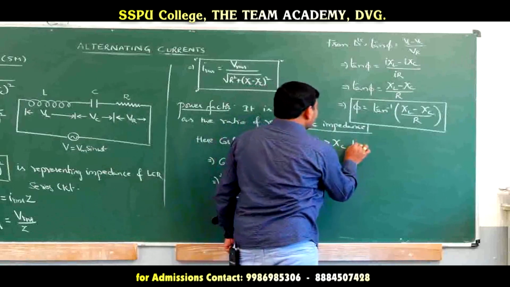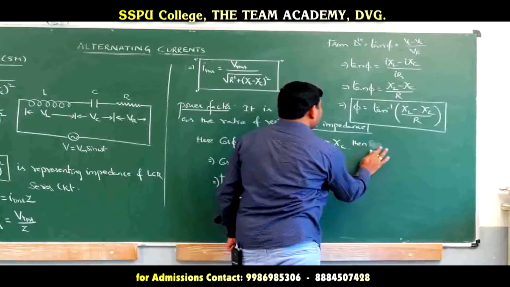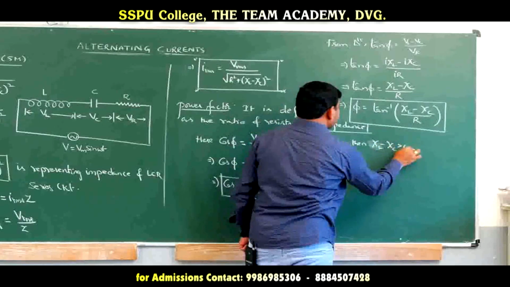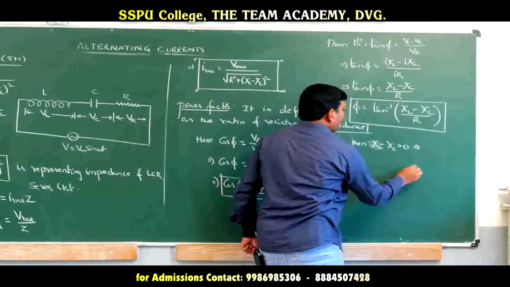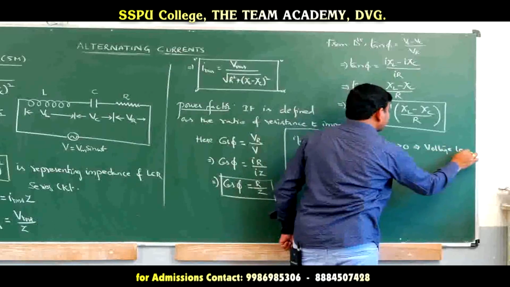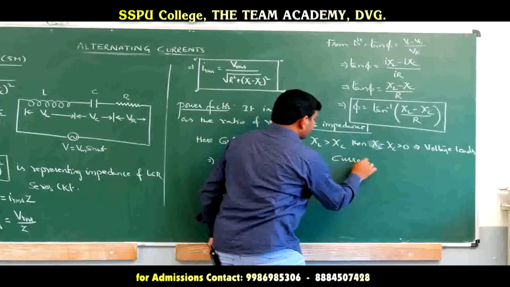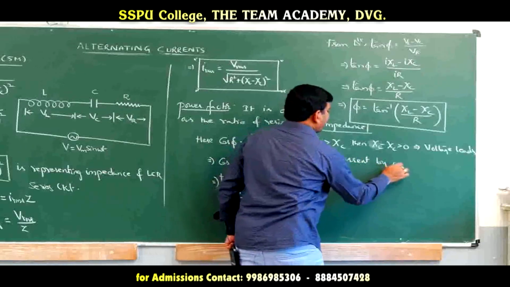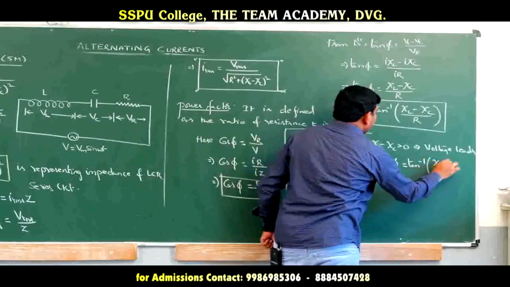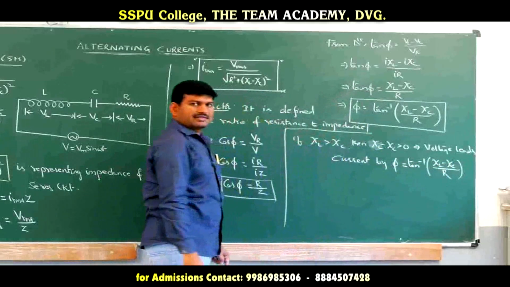If chi L is greater than chi C, then phi is positive, or chi L minus chi C is greater than 0. This implies voltage leads current by phi is equal to tan inverse of chi L minus chi C divided by R. Is it clear? This is case 1.